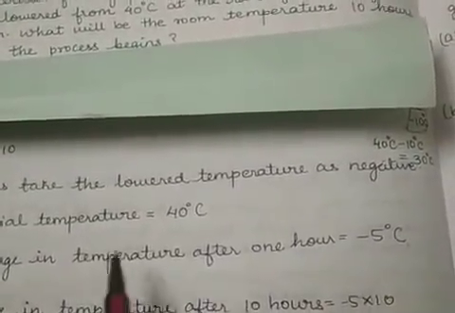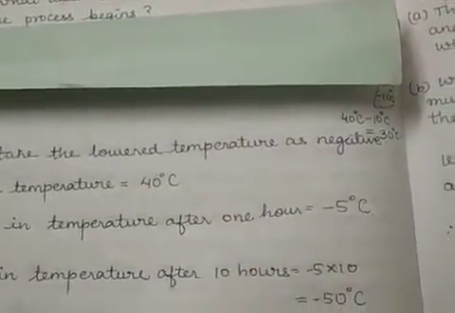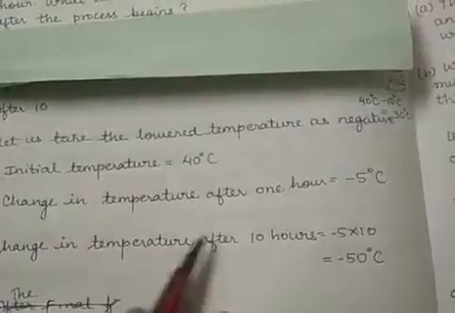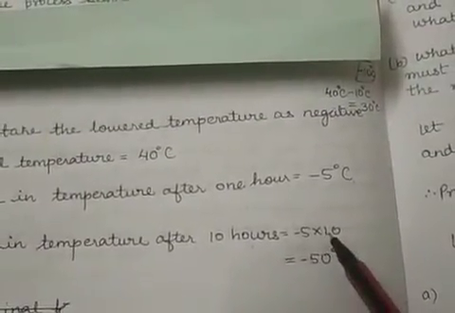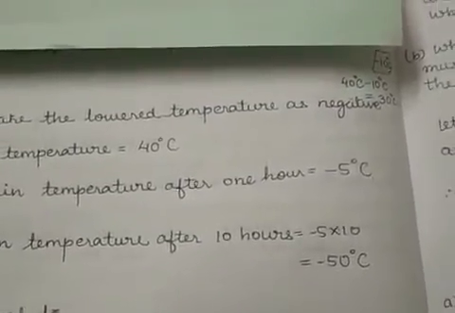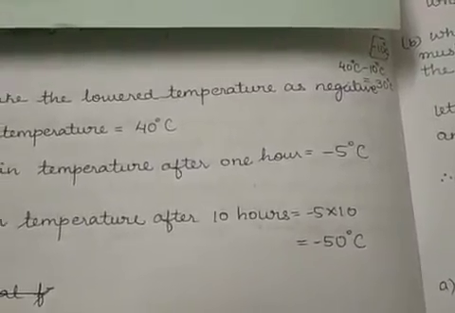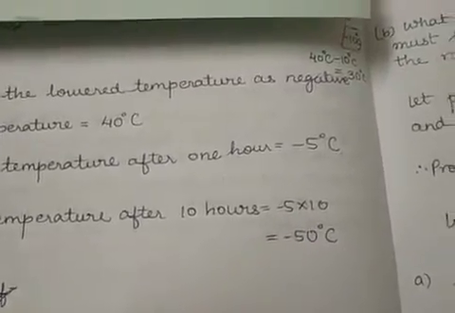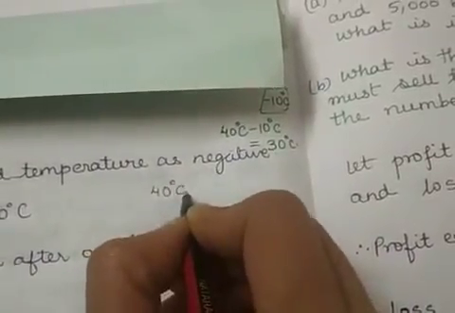So after 1 hour, if the change in temperature is minus 5 degrees Celsius, then what will be the change in temperature after 10 hours? After 10 hours, it will be minus 5 multiplied by 10, which is minus 50 degrees Celsius. Now you know initial temperature was 40 degrees Celsius.